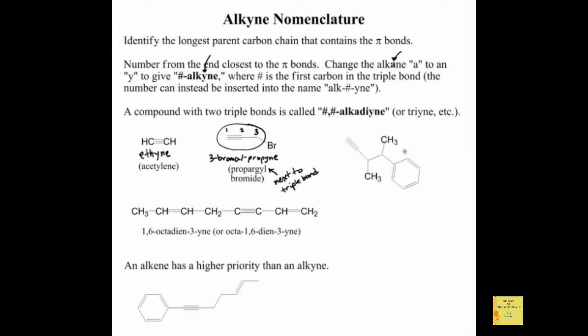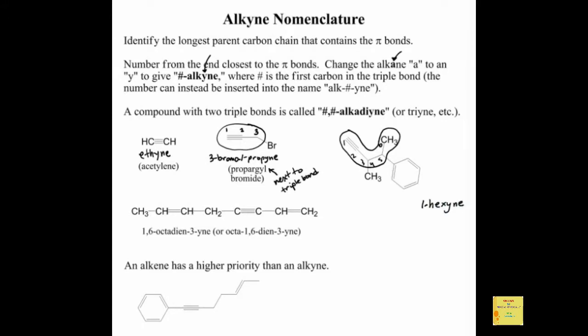How about this case? What's our longest carbon chain? Longest carbon chain will go here, and don't be fooled by this CH3 group. I'm not going to stop at the end of this carbon chain because my carbon chain's not done. It extends up here. So there's actually a 1, 2, 3, 4, 5, 6 carbon chain here with a triple bond at carbon 1. So we're going to call that a 1-hexyne.